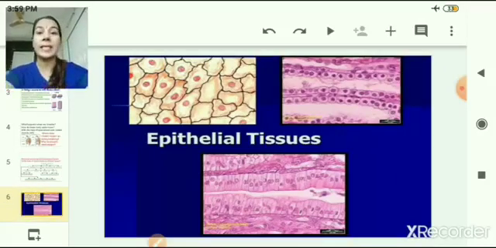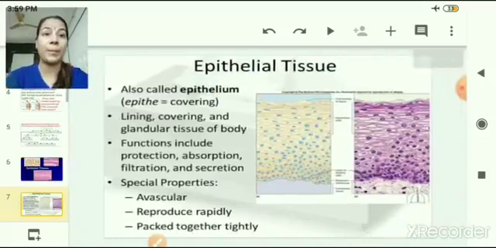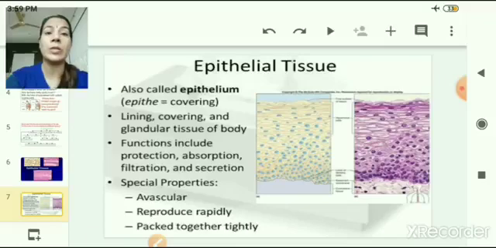Children, as its name suggests, epithelium. Epi means covering. So this type of tissue is present at the coverings of various body parts. It is present outside of that body part as well as inside as a lining. So lining, covering and glandular tissues of the body have epithelial tissues.